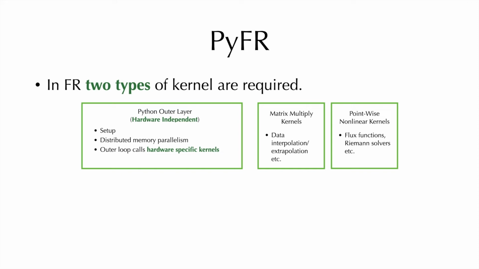The first are the matrix multiply kernels that I referenced earlier, that handle data interpolation and movement inside of an element, noting that the operators in this case can be either sparse or dense depending on your problem, and what I'm calling pointwise nonlinear kernels. These are the kernels that very much encode the physics of the problem. They include things such as your flux function, your Riemann solve, and the such like.